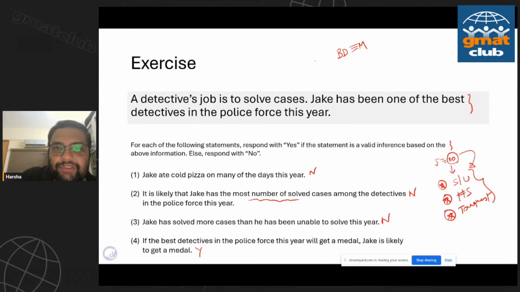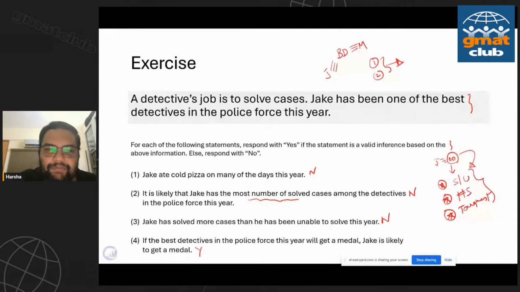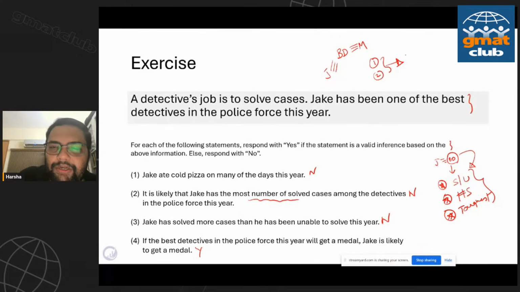And of course, Jake, we already know, is one of the best detectives. So, data point number one, the best detectives get a medal. Data point number two, Jake is one of those best detectives. So it's a very logical inference based on just the given information to say that yes, we do expect Jake to get a medal, and that's why this is a correct one.